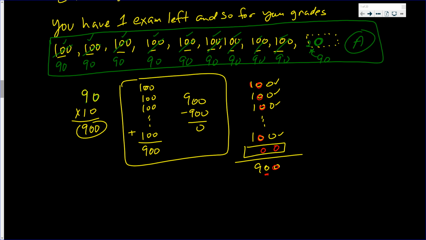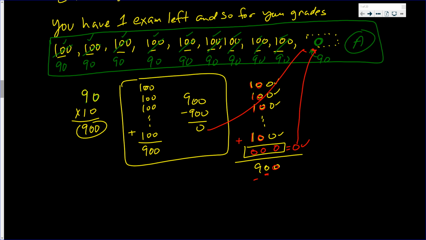And 1 plus 1 plus 1, 9 times is 9, so you don't have to add anything. This is 0. That's the score you need on the last exam. Exactly what we've been saying. Forget about the 20. That was what if.